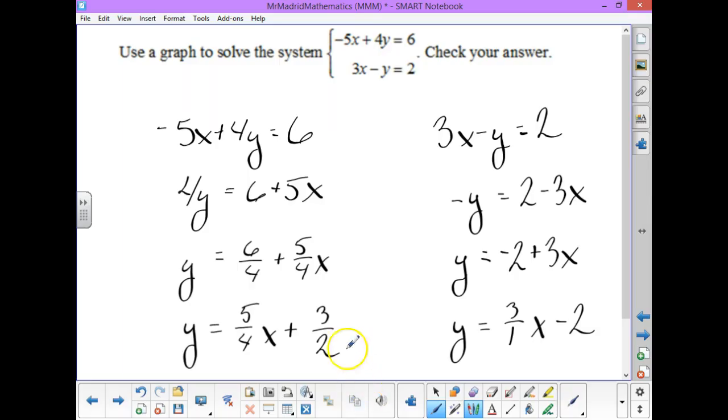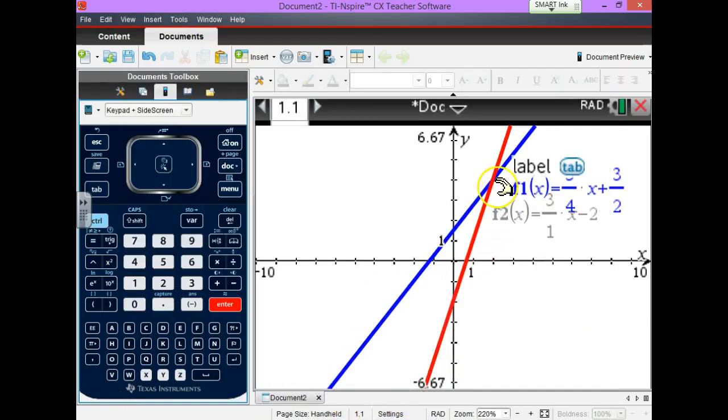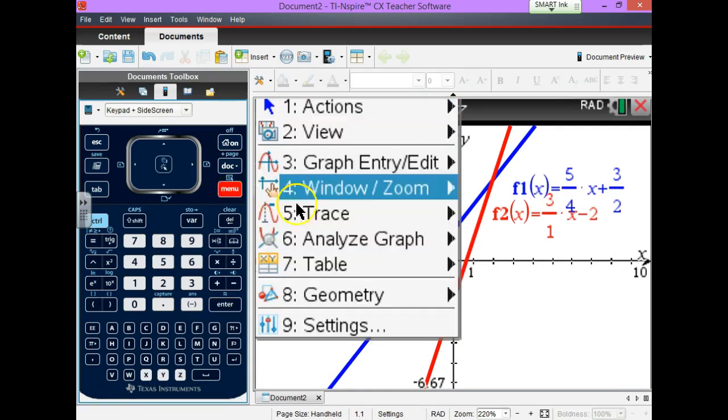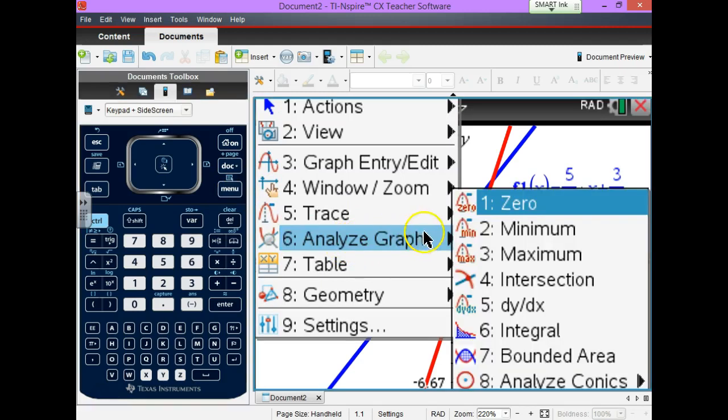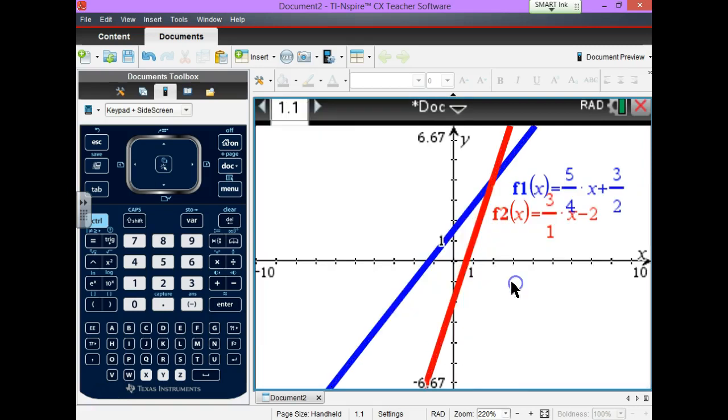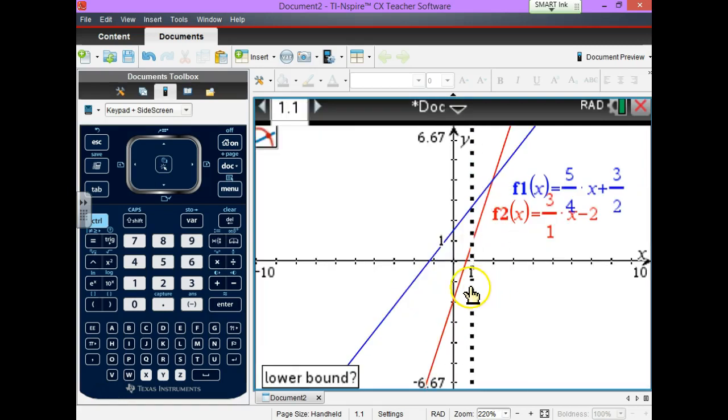Alright. Use the graph to solve. Okay, so to solve, the solution is the intersection. There are different methods. Here's one using our technology. We'll hit menu, come here to graph, and number 4 is intersection. Here it's asking me for a lower bound, so I'll place it on this side.